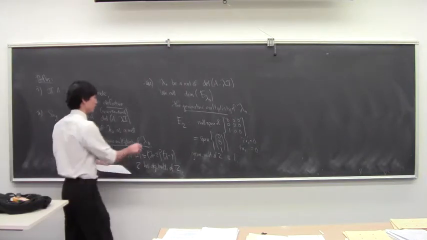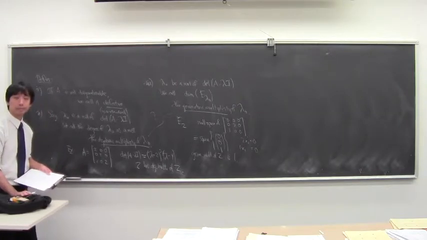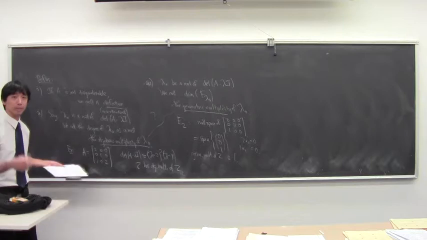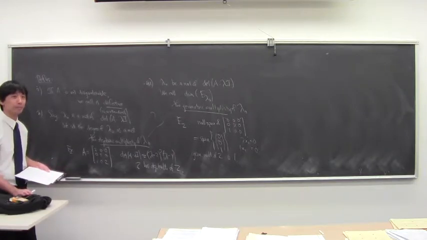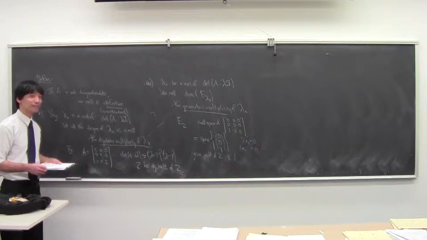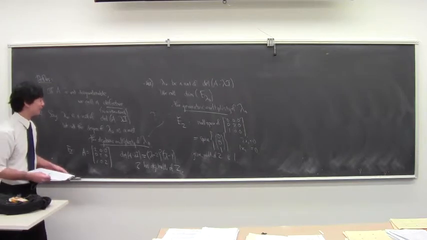Is there some relation between the algebraic multiplicity and the geometric multiplicity? Are they completely unrelated? Mia? Is the algebraic multiplicity always greater than or equal to the geometric? Yes. Why do you think so? I took differential equations last semester. I see. Okay.